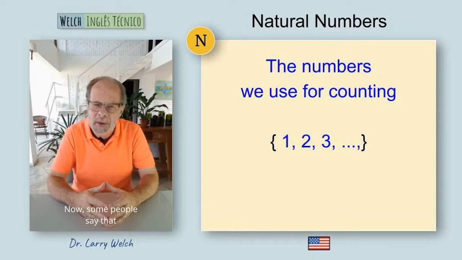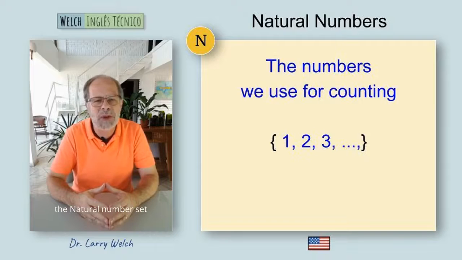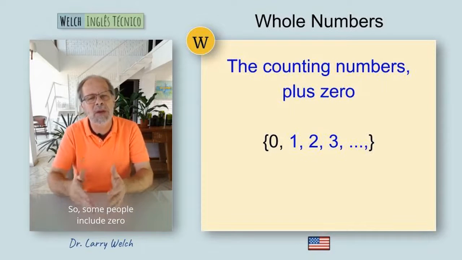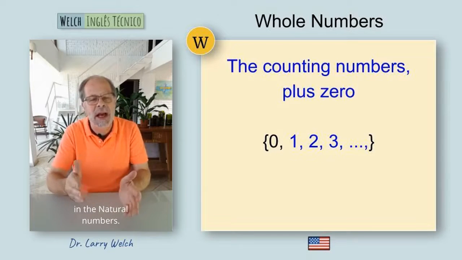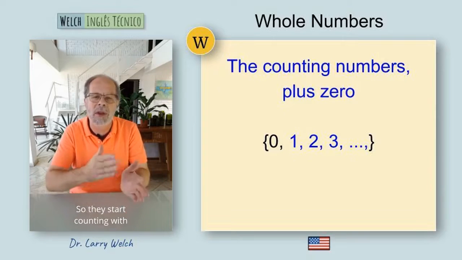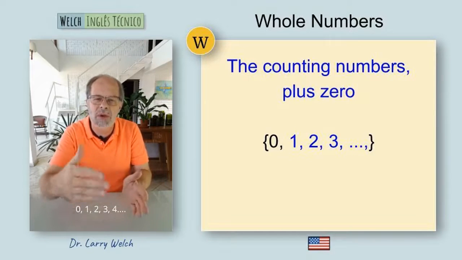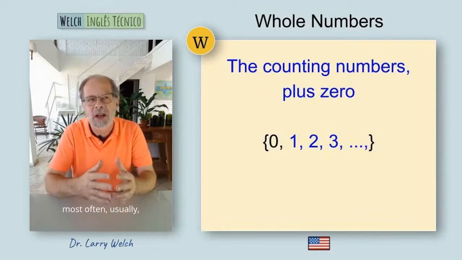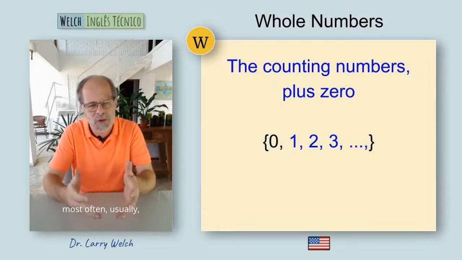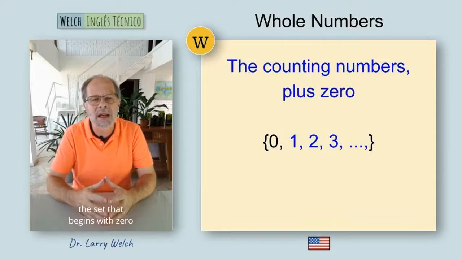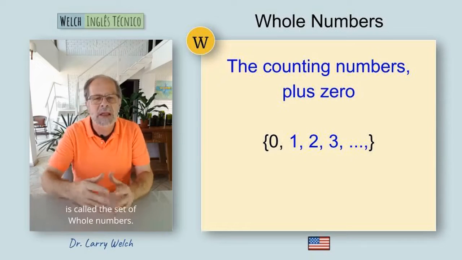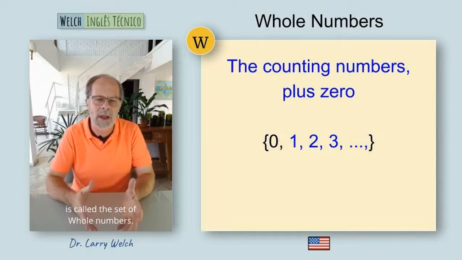Now, some people say that the natural number set begins with 0, not 1. So some people include 0 in the natural numbers, so they start counting with 0, 1, 2, 3, 4. But in the United States, most often, usually, the set that begins with 0 and includes the counting numbers is called the set of whole numbers.